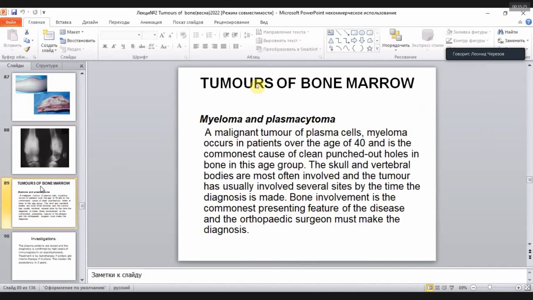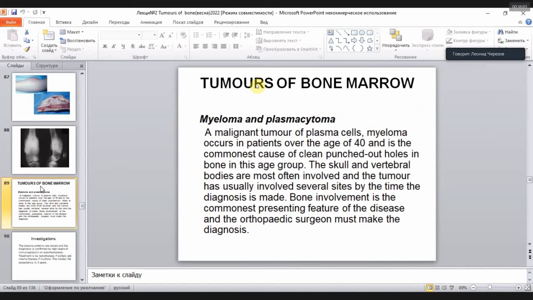Tumors of the bone marrow: myeloma and plasmacytoma. Malignant tumors of the plasma cells, myeloma occurs in patients over the age of 40 and is the commonest cause of a clean, punched-out hole in bone in this age group.